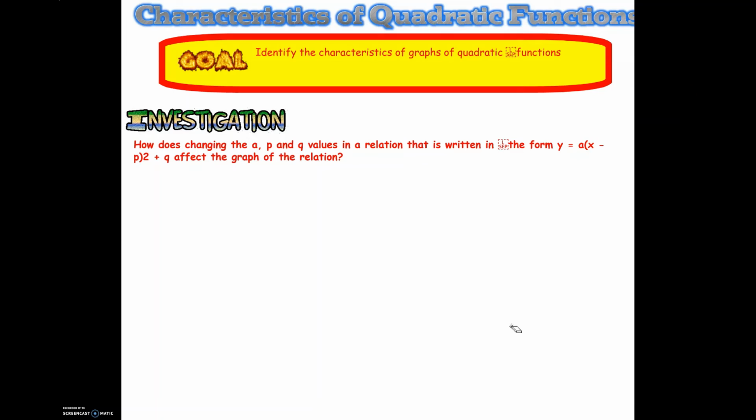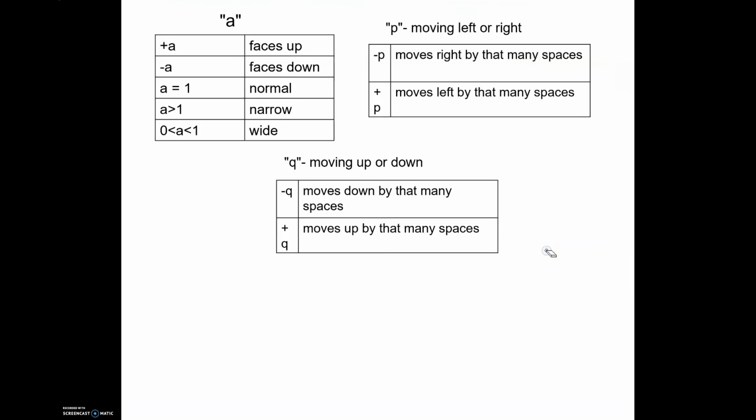So let's look at the characteristics of quadratic functions. In class, I'm going to give you a paper with a bunch of graphs, and it's going to show you what happens when we alter the a value or the p value or the q value to see what those values do. Now, just for this slide, and if you're learning online, I'm going to jump to the next slide, and it tells you the a value, that number out in front.